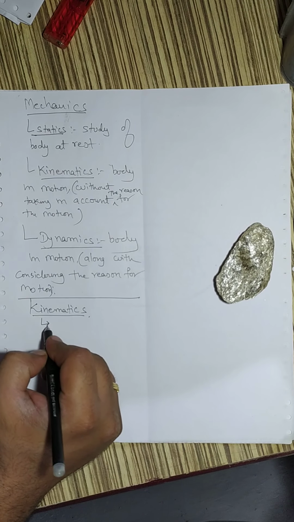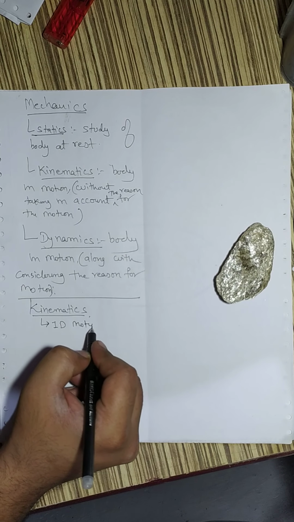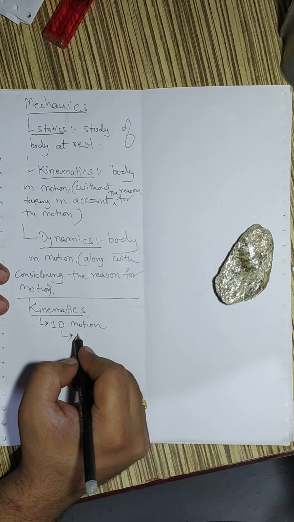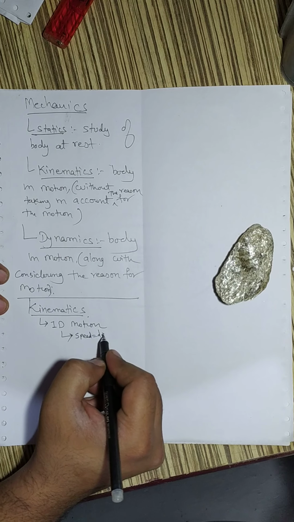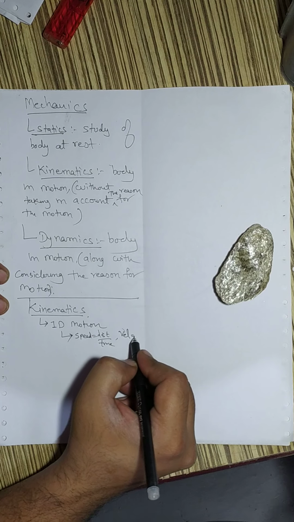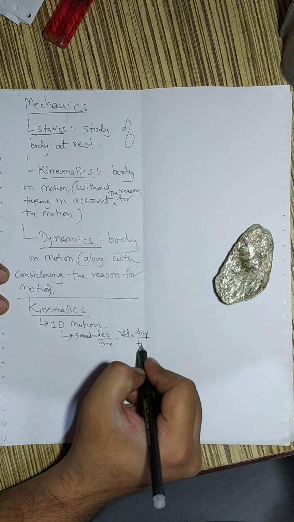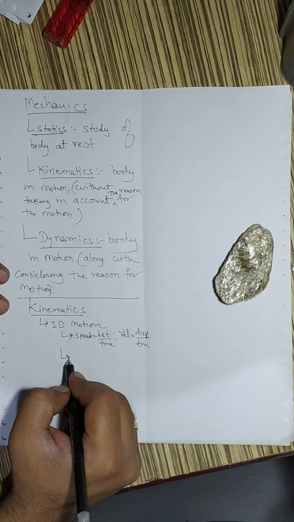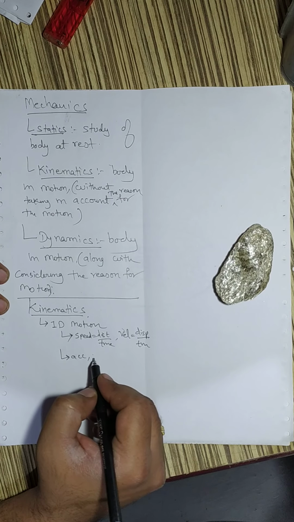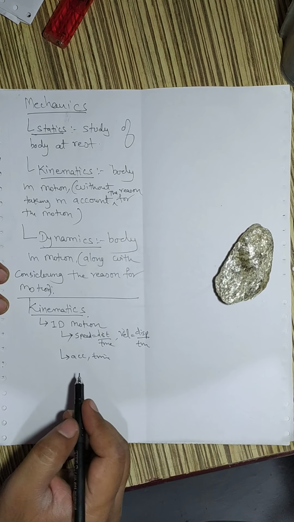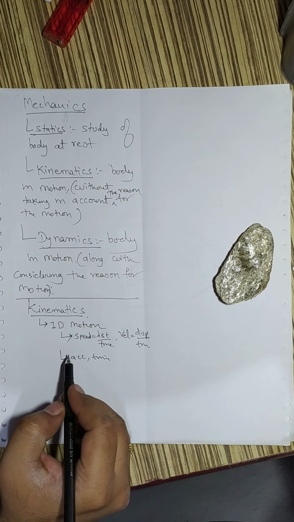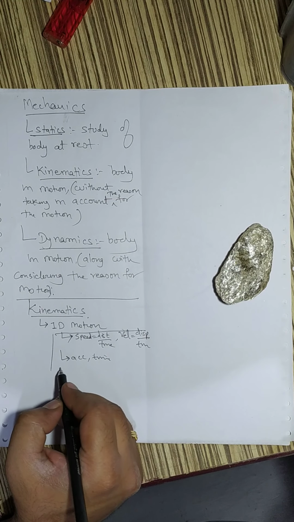Kinematics involves one-dimensional motion. In one-dimensional motion you will do calculations and study about this thing. Speed is equal to distance upon time, right? And the corresponding vector quantity, velocity, is displacement upon time. Similarly, you will have acceleration, time, all these things to be calculated in a one-dimensional motion.